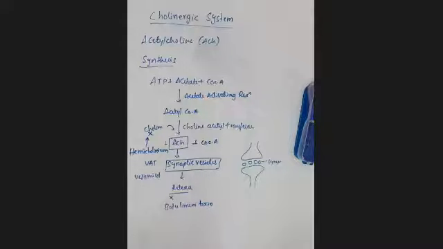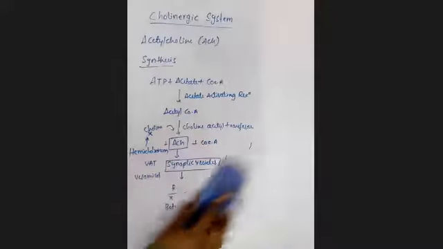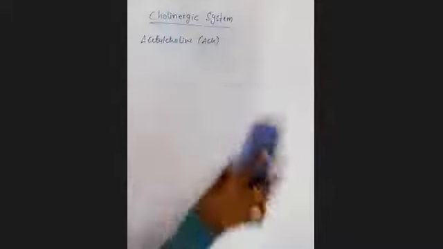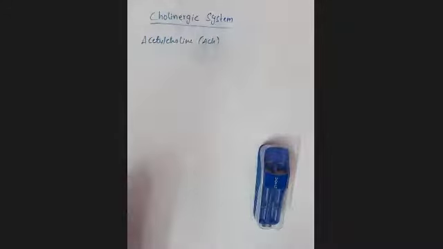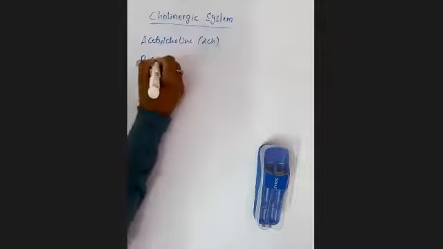I hope you understood. Next, we'll see what the different types of receptors are that are present in the cholinergic system. Mainly we have two types of receptors here.